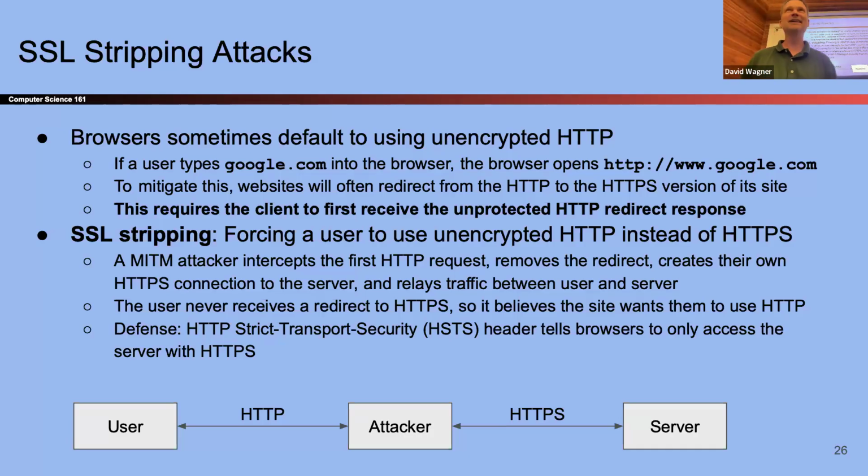But it has a vulnerability against on-path attackers. Like if I'm in a coffee shop on their open Wi-Fi, and there's someone else in that Wi-Fi network that is malicious, they could do ARP or DHCP attacks and become a man in the middle, right?